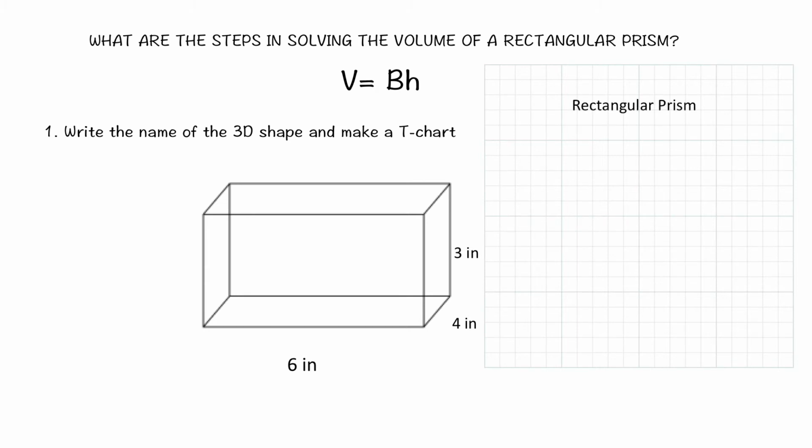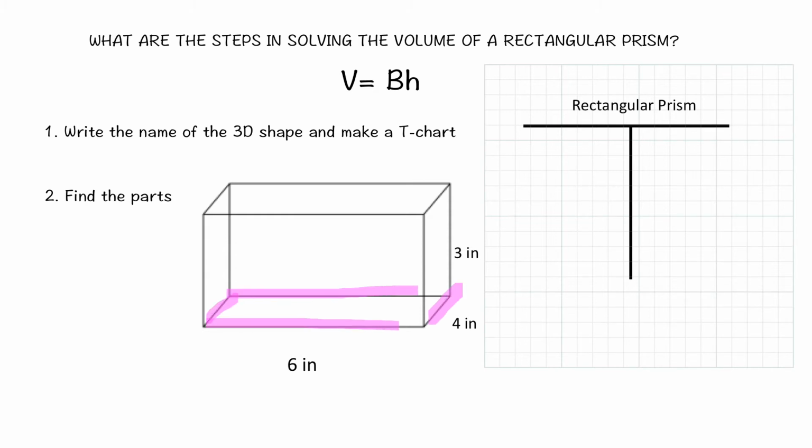And then let's draw a T-chart. The second step is to find the parts. So I'm going to highlight the area of the base and the height. Again, the height is the line that connects the two bases together.